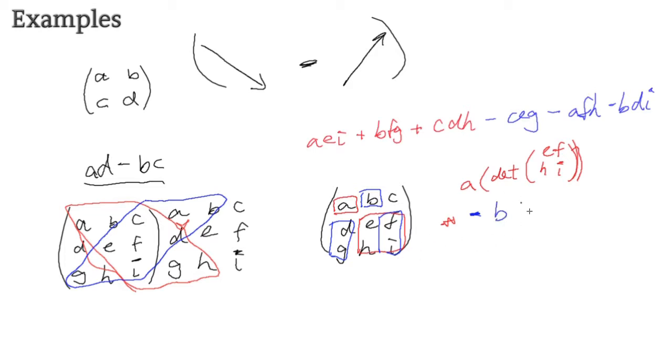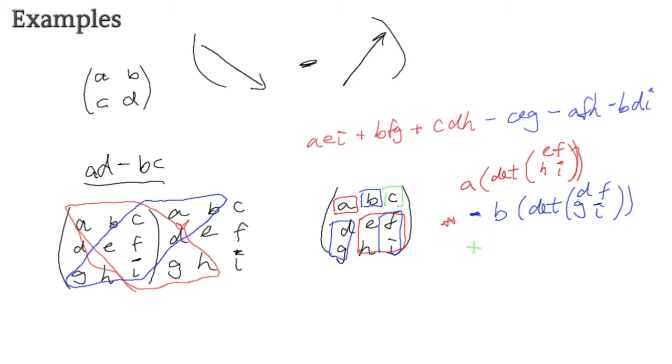So we've got B multiplied by the DET of matrix D, F, G, I. And finally we have, let's use green, plus, sorry for the colorblind, yeah, this is green.